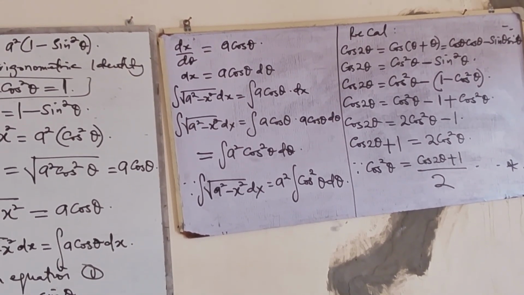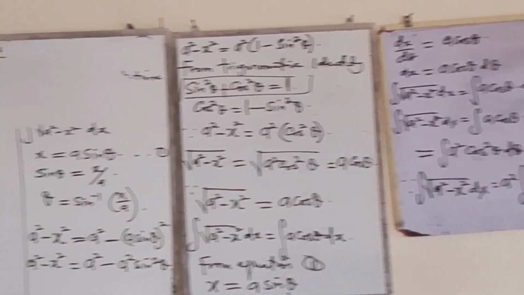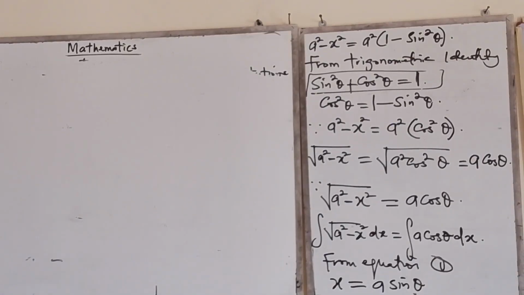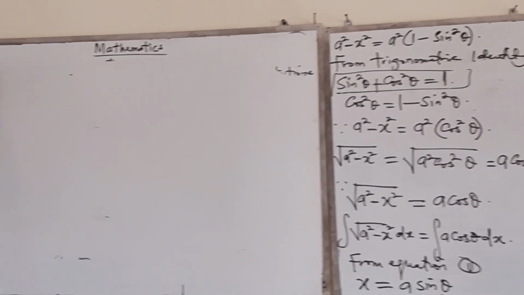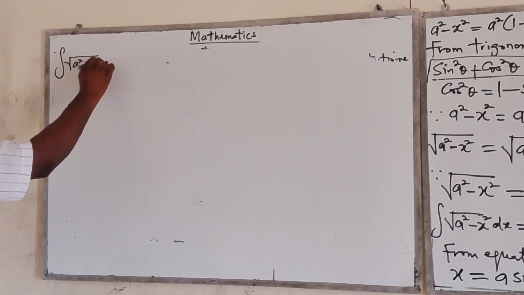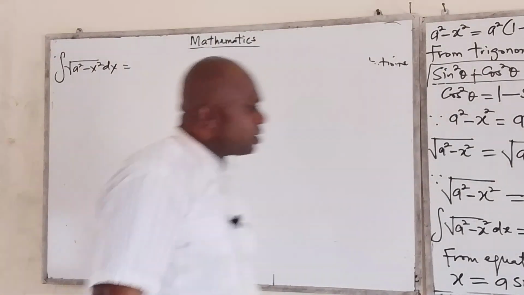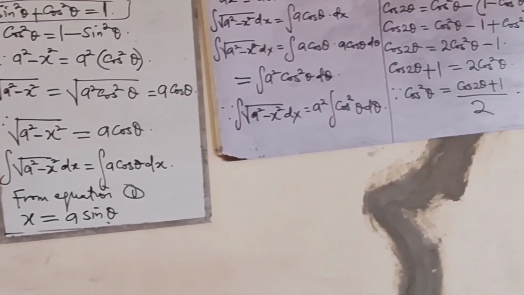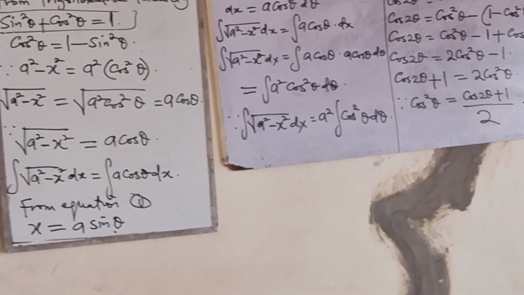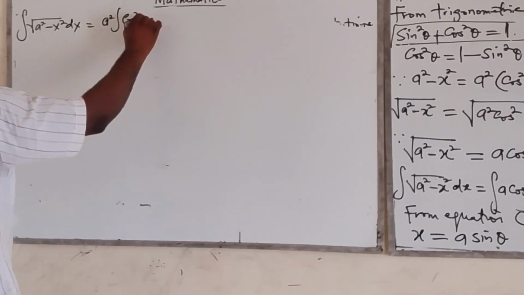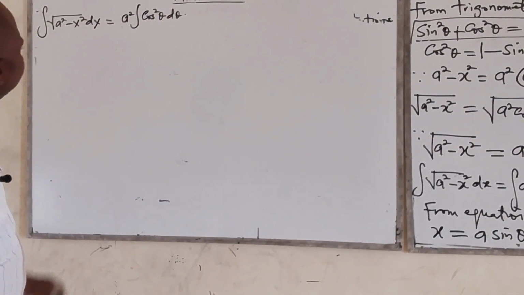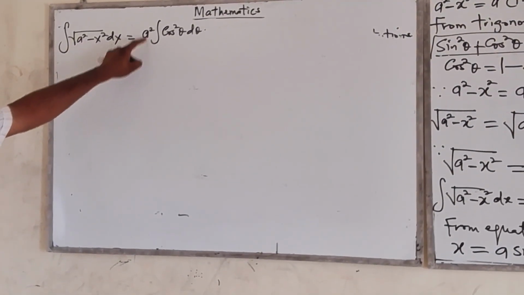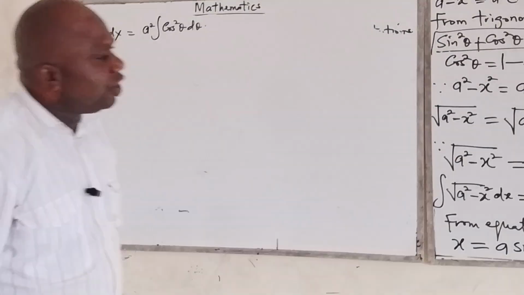Now we are going to continue from there. The integral of the square root of a squared minus x squared dx is equal to a squared integral cos squared theta d theta.